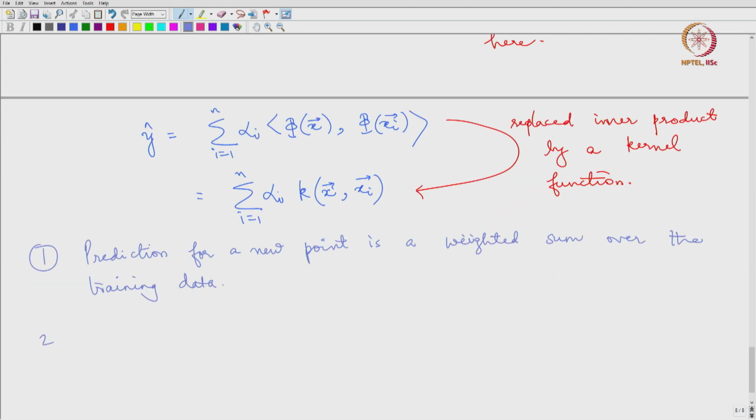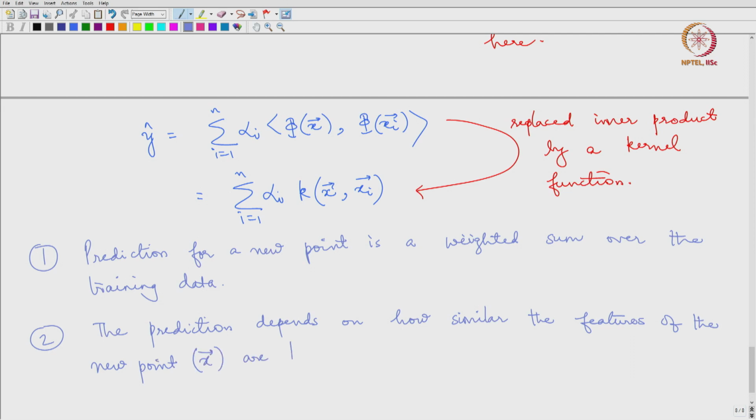And second is essentially through this kernel function you are trying to account for some kind of similarity between the points, right, so that the prediction can be physically interpreted as depending on how similar the features of the new point x are to features of existing points x_i in the training set.